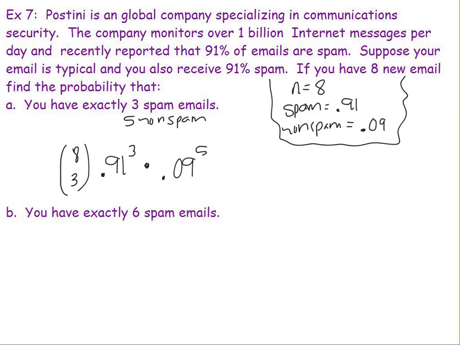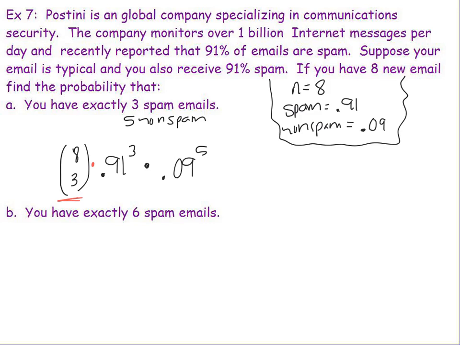Now, I don't want you to use your calculator to do each little thing individually. You're going to type it all in at one time. So if you pick up your calculator, to do this first part, remember we type in the 8 first, we go to math, over to PRB, and we need the NCR option. After that, you put in the number 3. Now, we do need to put a multiplication dot here, so times 0.91 exponent 3.